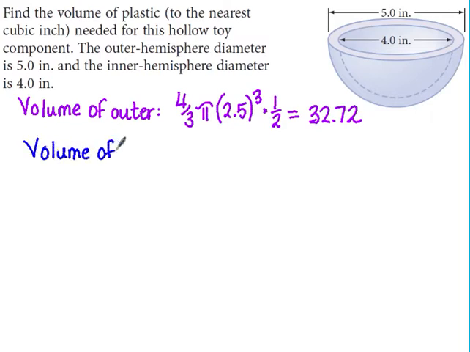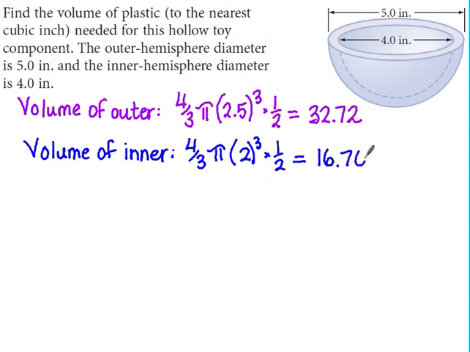So the same thing, 4/3 pi times what cubed? 2 cubed times 1/2. And what does that equal? 16.75. Did somebody else get that? 16.76. So now to find the total volume, what am I going to do?